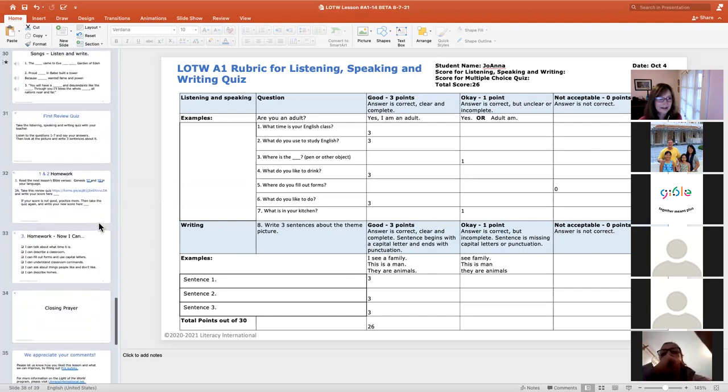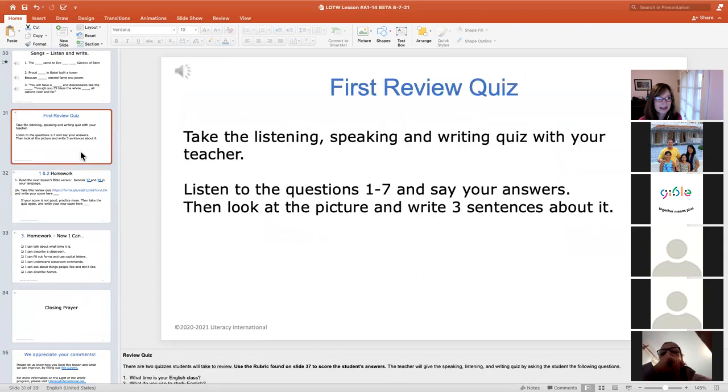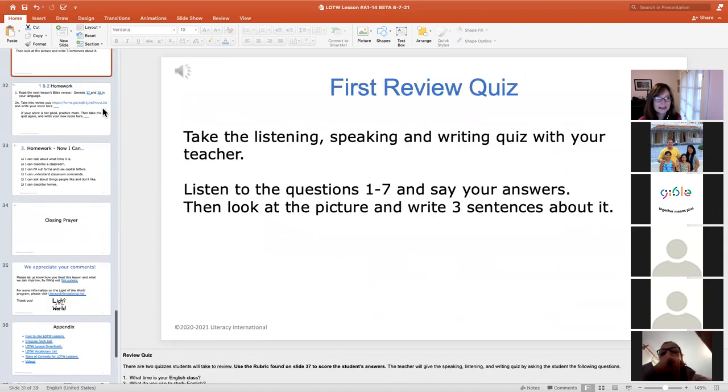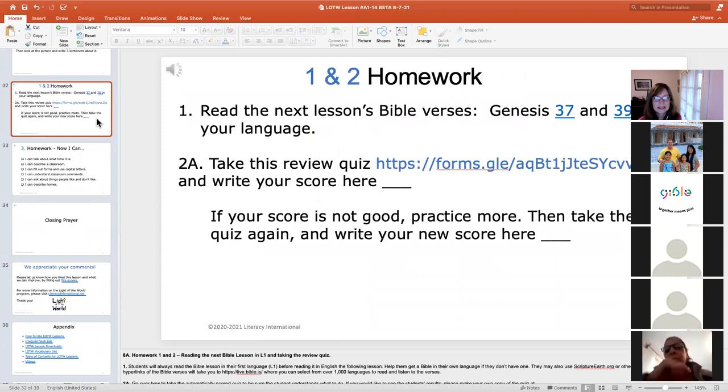Now, after you do that first review quiz in class, students don't have as much homework after a review lesson as in a typical lesson. They get a little break because we want them to have a little bit of rest, and secondly, spend time reviewing those things they might not have done so well on, so they will be prepared for the next lesson.